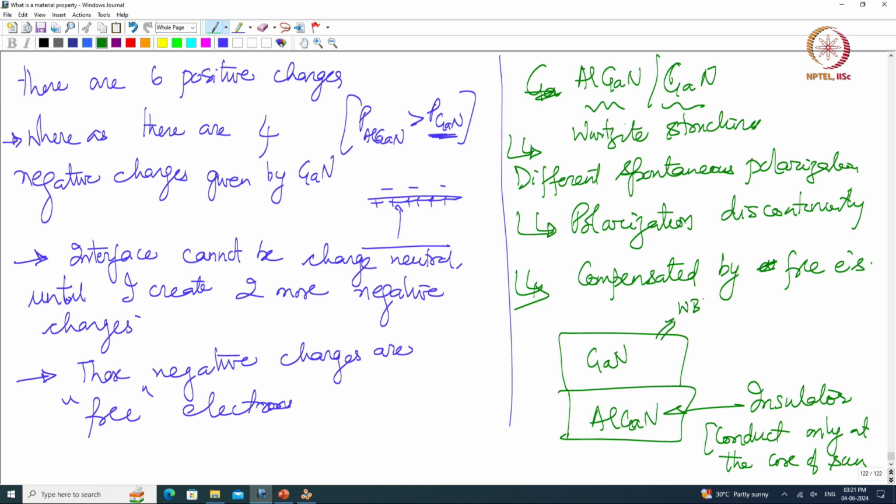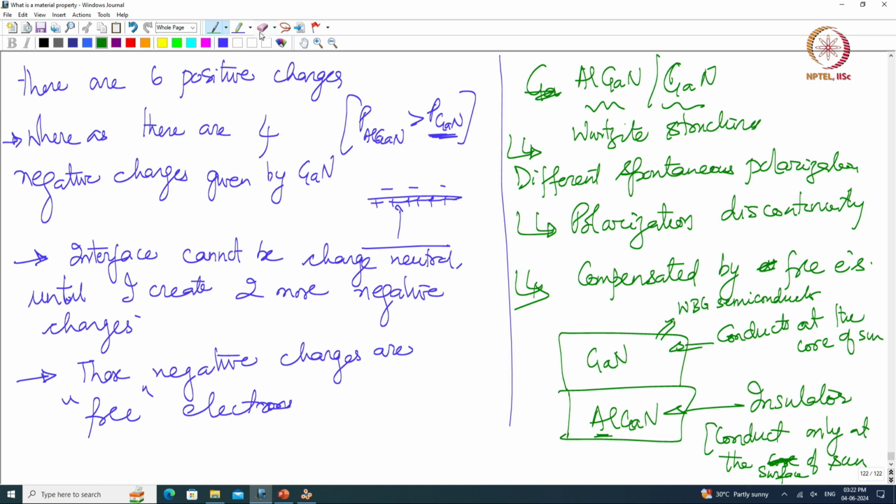This also conducts at the surface of the sun, and this at the core of the sun, or the other way around. I do not remember the band gaps, I think aluminum gallium nitride is a bit lower than gallium nitride, but the band gaps are so huge that they do not conduct ordinarily, right. You have to heat it to such a high extent that only then will they start conducting.